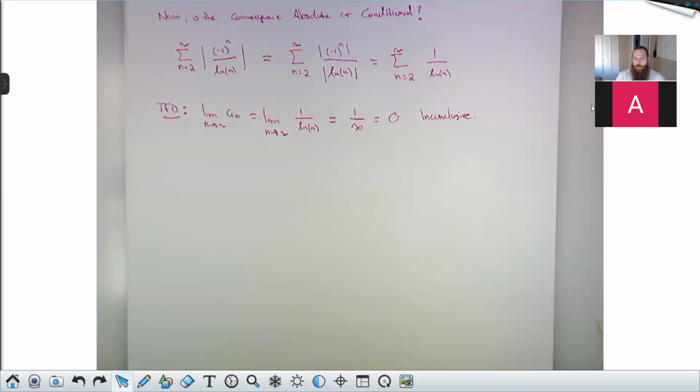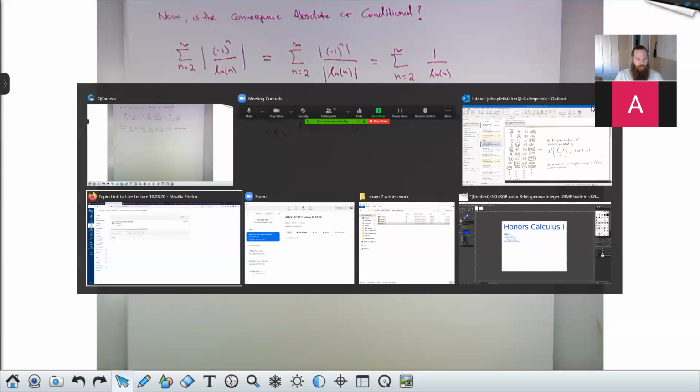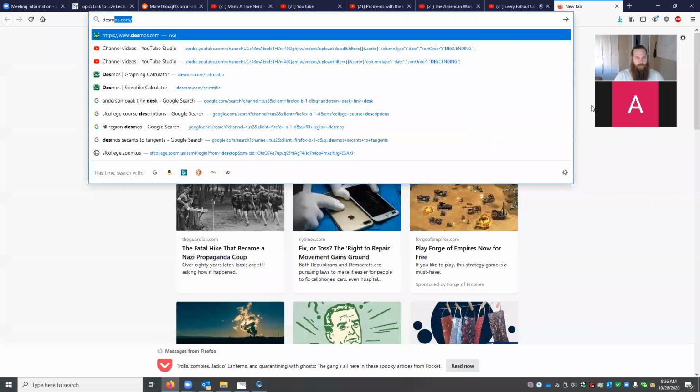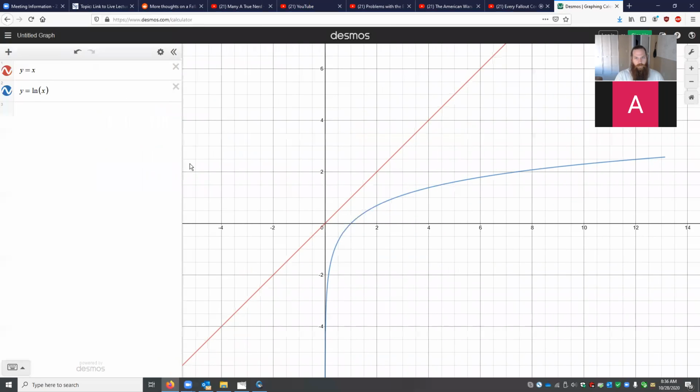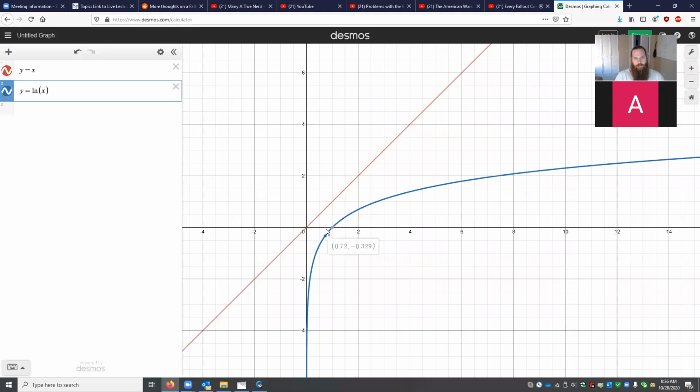In particular, you know that the natural log of n is a little bit smaller than n itself, right? Let me talk to Desmos for a minute. The natural log of x is smaller than x itself, always.